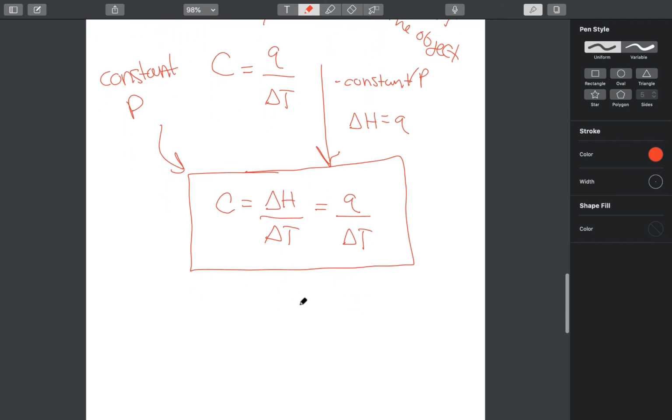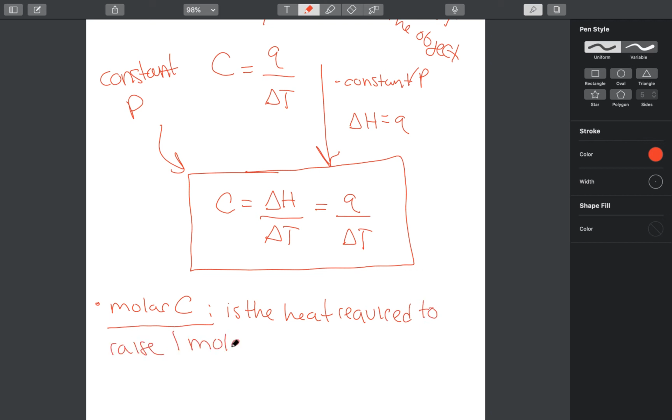Before we get into more on this equation, I want to define one more term, and this term is the molar heat capacity. This C represents heat capacity. The molar heat capacity is the heat required to raise 1 mole of substance by 1 degree Celsius or Kelvin.